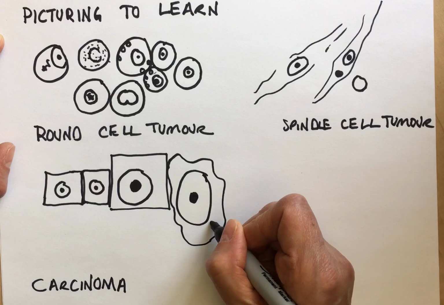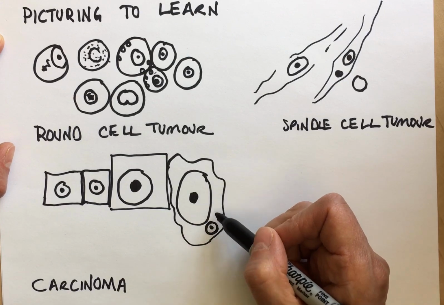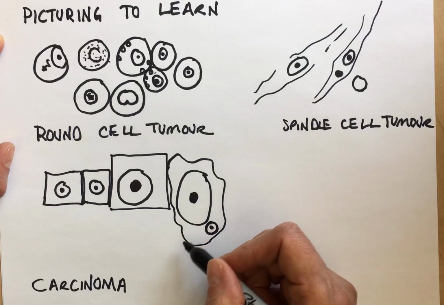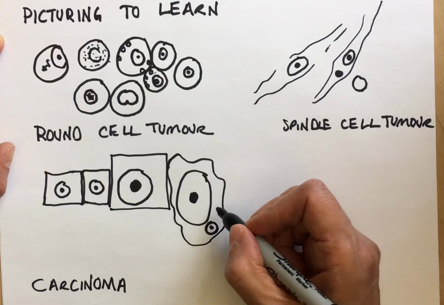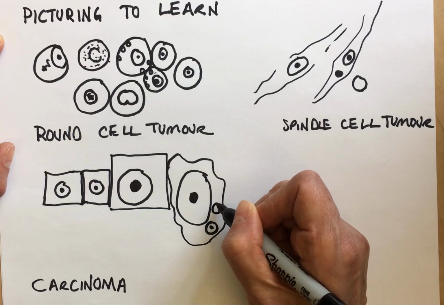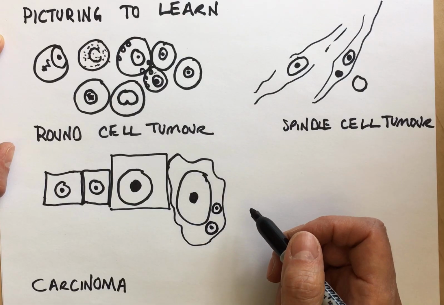And then you might also find that there are satellite nuclei in here. And this implies that the chromatin has divided unequally and cell division didn't in fact occur. There was just division of the nuclear content, and there were little tiny nuclei because of unequal chromatin distribution.